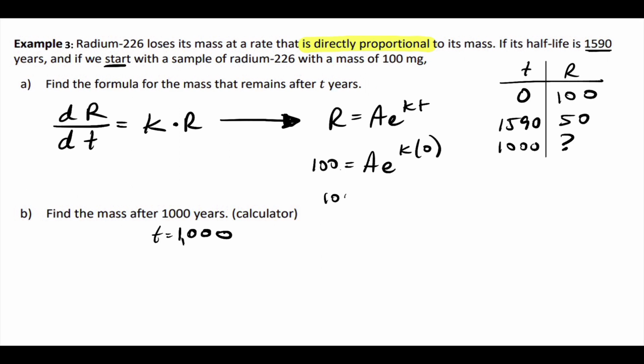So we got 100 equals A e to the 0 power, which means A equals 100. Okay, good to know. So it's R equals 100 e to the kt.